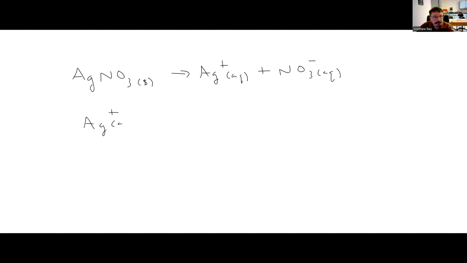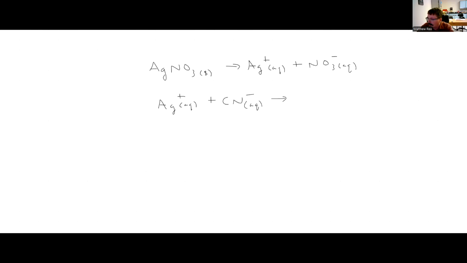So I've got silver nitrate as a solid, and as that dissolves, it's going to give us aqueous silver ions and nitrate ions. Then the other reaction we're going to have, once we have those aqueous silver ions in solution, is those cyanide ions are going to be present, and it can complex with those.